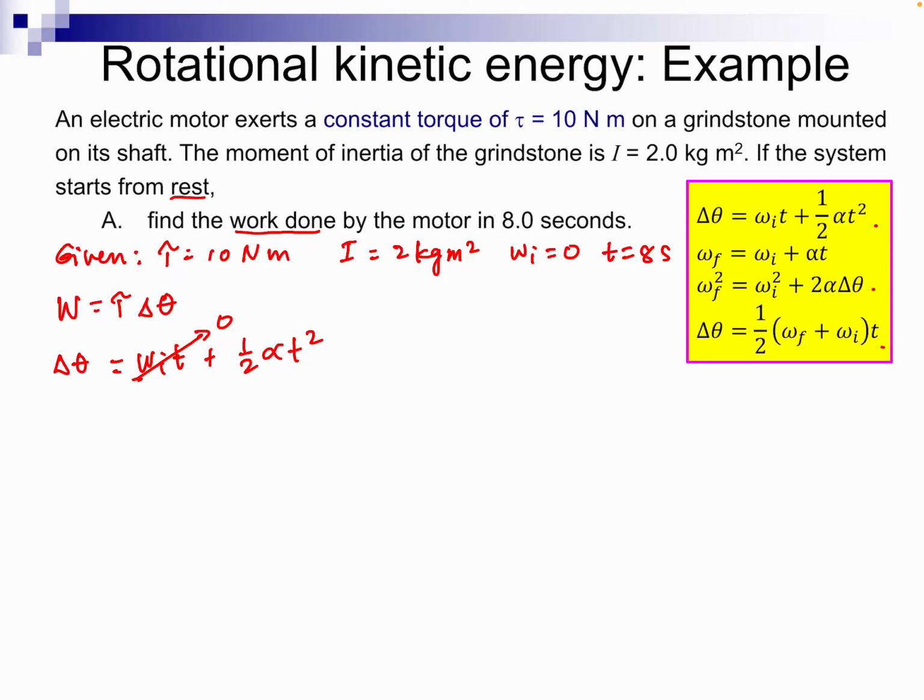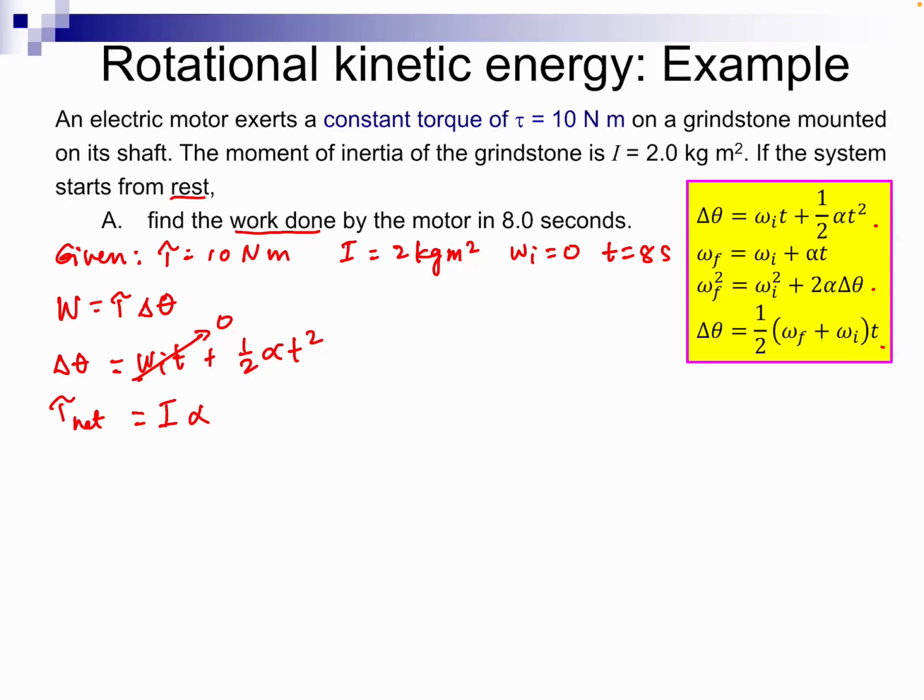We learned last time that torque causes objects to rotate, so if you have angular acceleration, that means you have a net torque on the system. So the net torque is equal to the moment of inertia times the angular acceleration alpha.